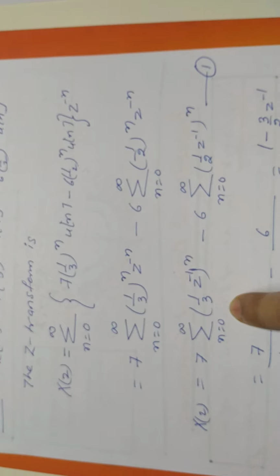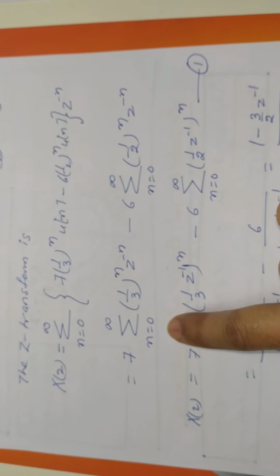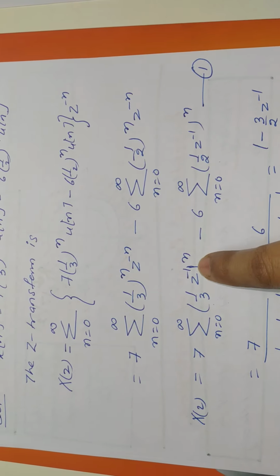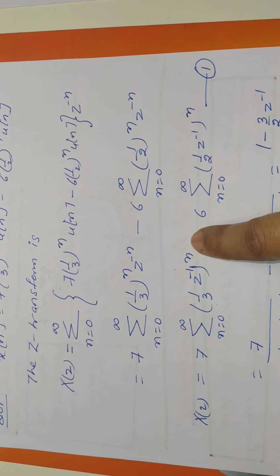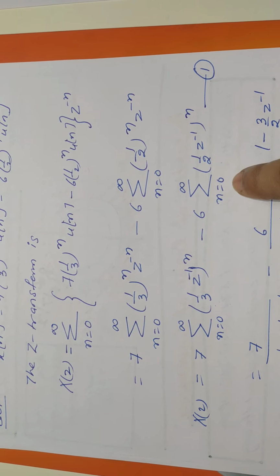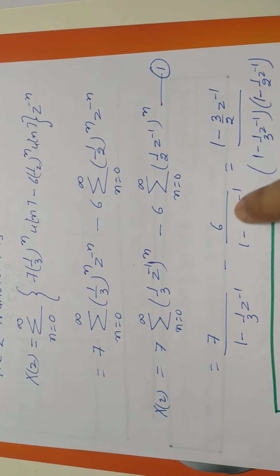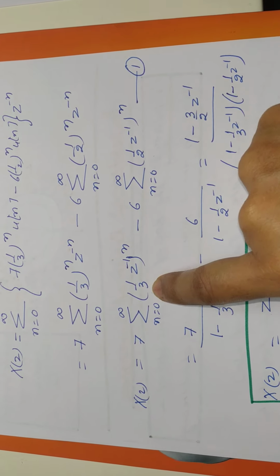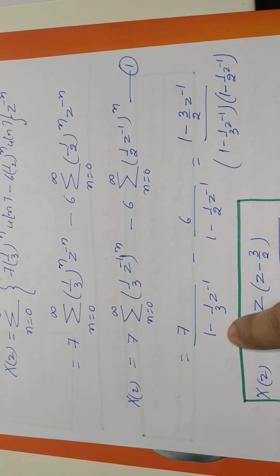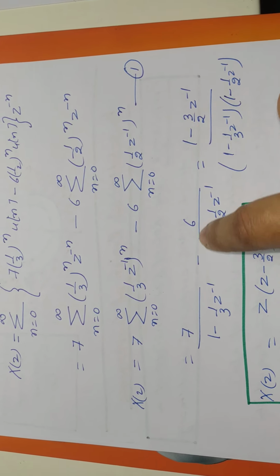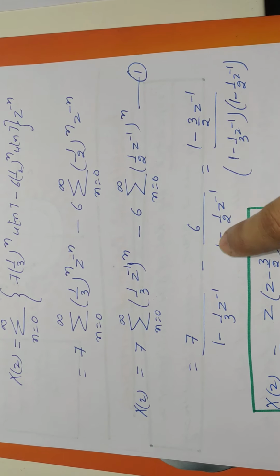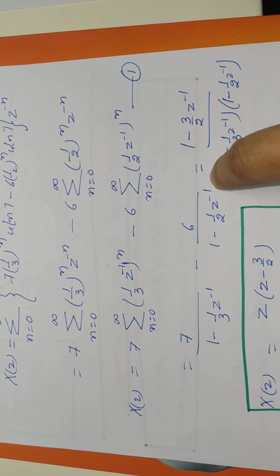Now this is x of z. I have written it in this way: 7 taken out, summation n equals 0 to infinity 1 by 3 z to the power minus 1 whole to the power n, minus 6 summation n equals 0 to infinity 1 by 2 z to the power minus 1 whole to the power n. Now this summation can be written as 7 by 1 minus 1 by 3 z to the power minus 1, and this can be written as 6 by 1 minus 1 by 2 z to the power minus 1.